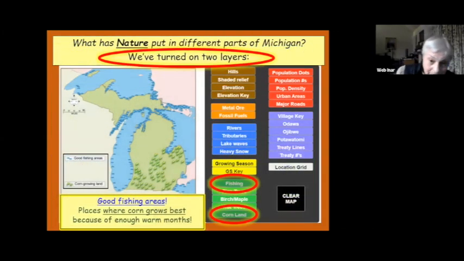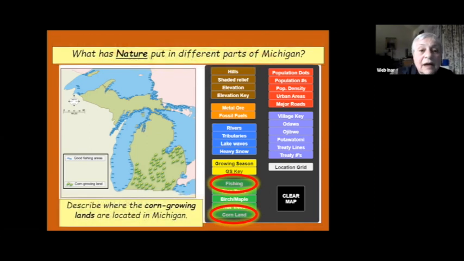I've turned on 2 layers so that we might think about what was available to indigenous people. There are places where corn grows very well today. There are places that were extremely good fishing areas in the past.